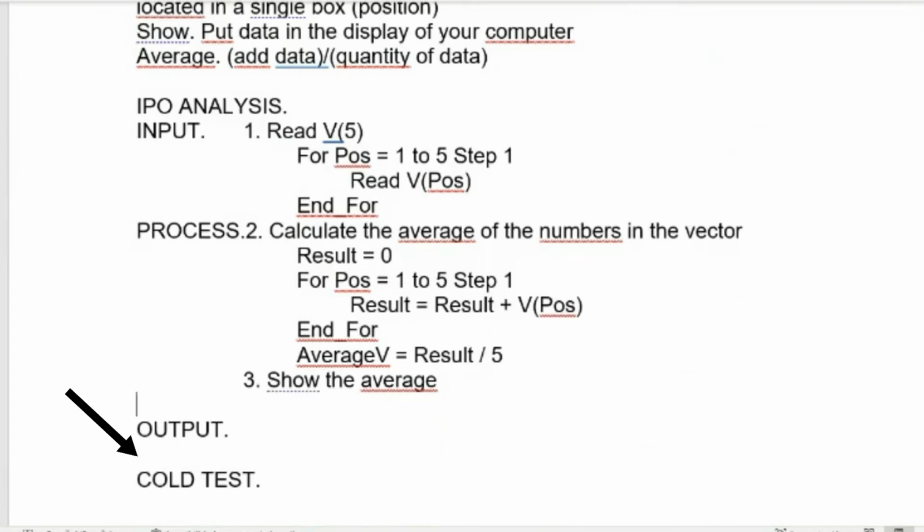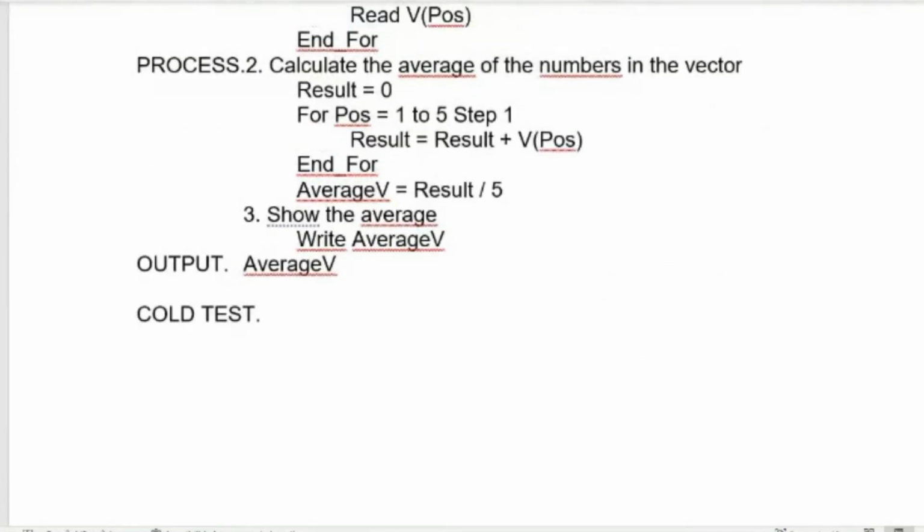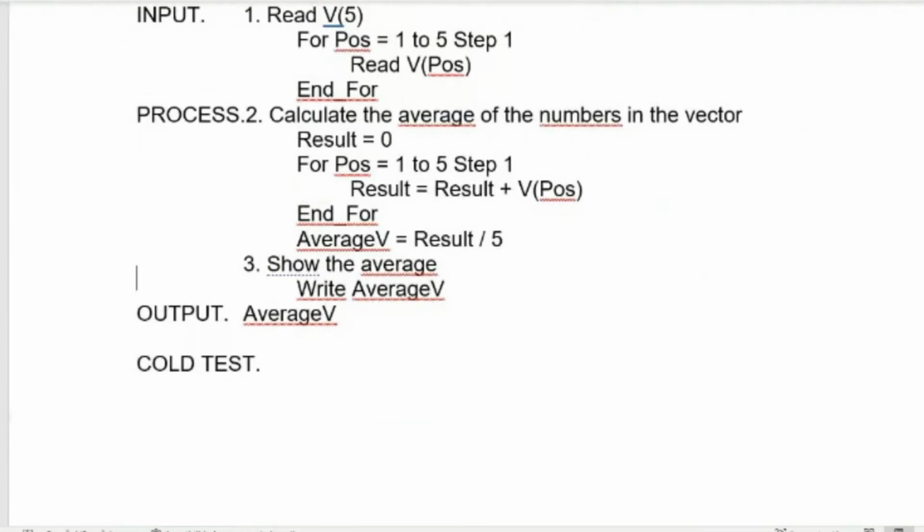And to show the average, we only write average B. This is the variable, okay? And this is the output, average B. This is very simple, this is very easy. The call test is really easy.